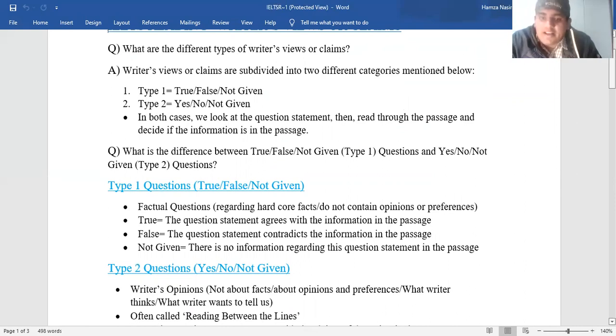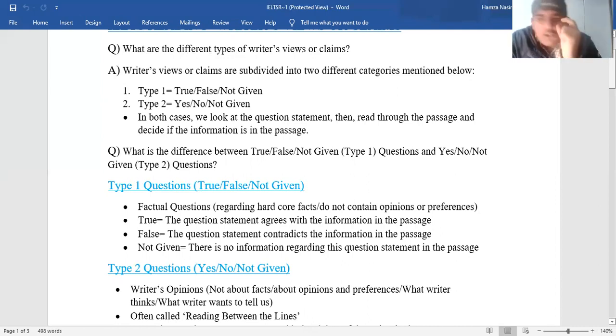They are regarding hardcore facts, and they do not contain opinions or preferences. If the instructions say to write true, false, or not given in the answer sheet, then obviously from that, you can identify that it is a type 1 question.